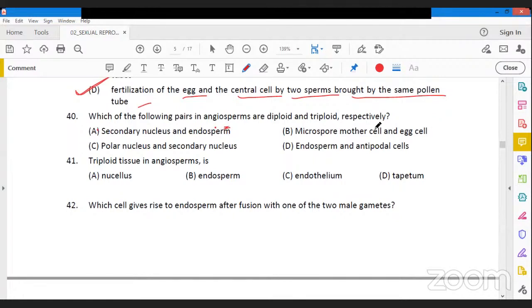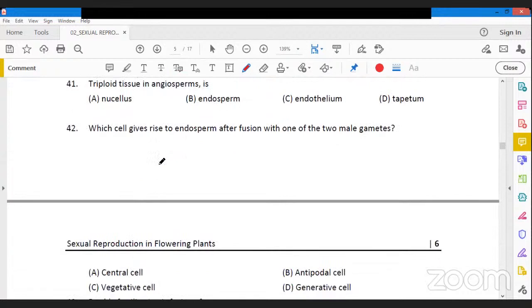Microspore mother cell is diploid, but is the egg cell triploid? No. Polar nucleus is haploid. Endosperm and antipodals, wrong. So secondary nucleus and endosperm. Endosperm would be triploid. The triploid tissue in angiosperms is the endosperm.